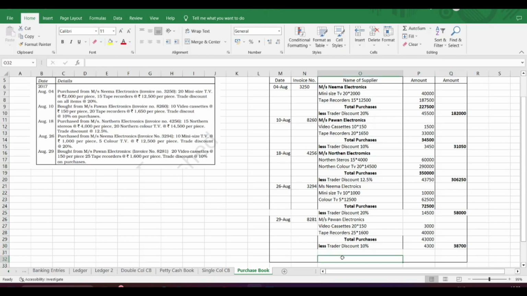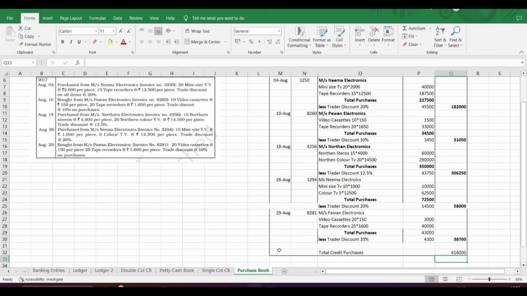Now we have recorded all the transactions. Now our total of credit purchases will be total of our outer column, 6,16,000. This is total of our credit purchases.